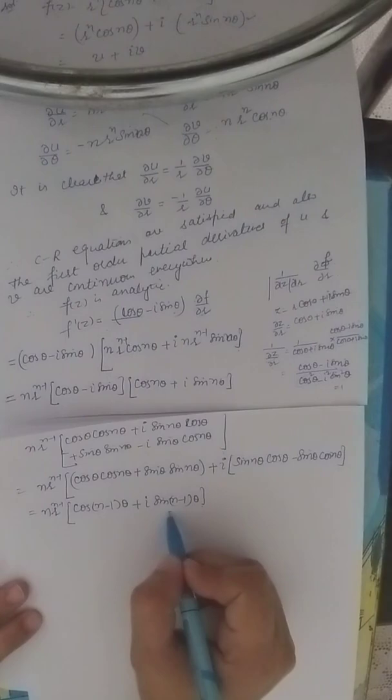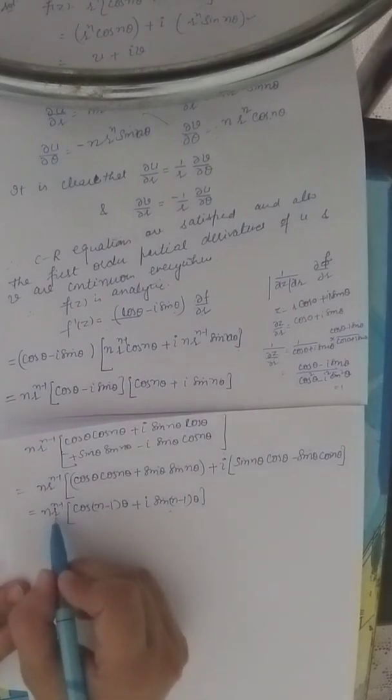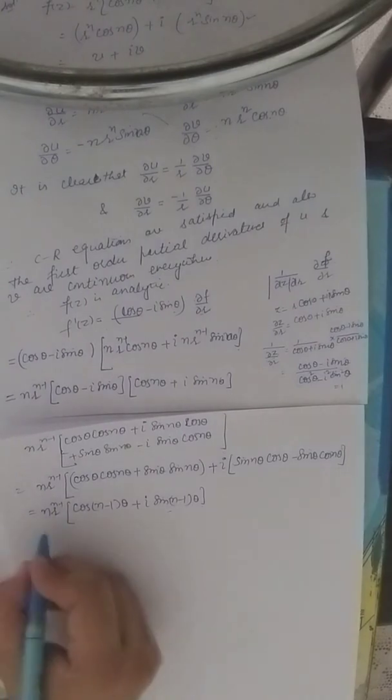and it exists for all values of r except when r is 0 and n is less than or equal to 1.